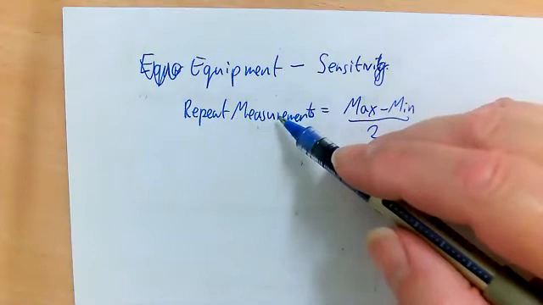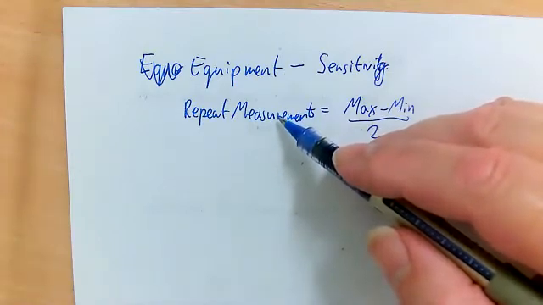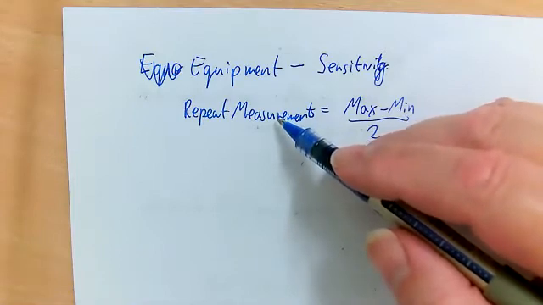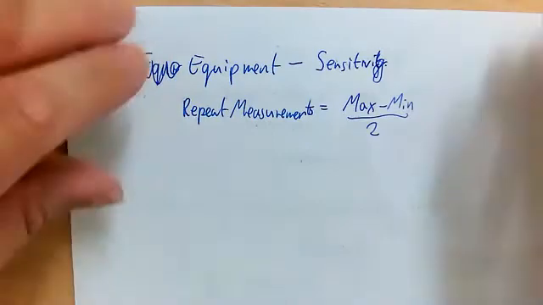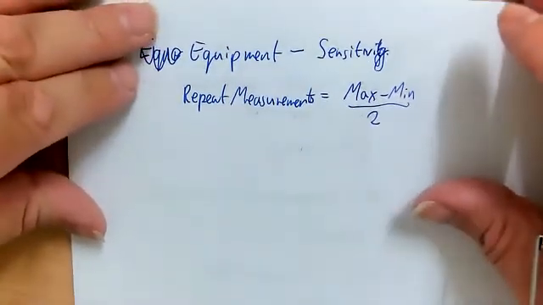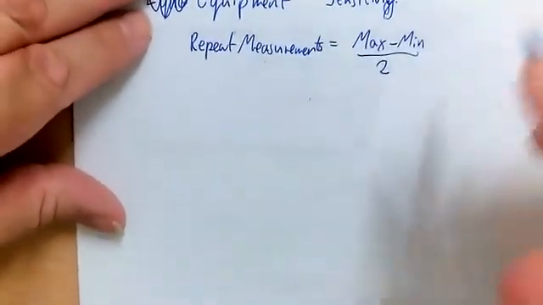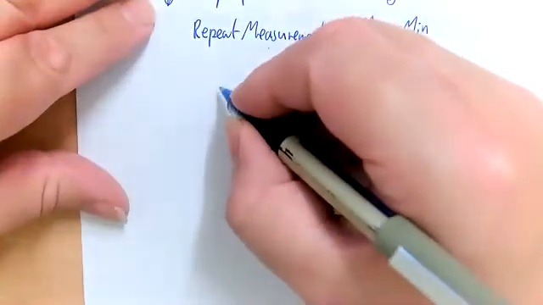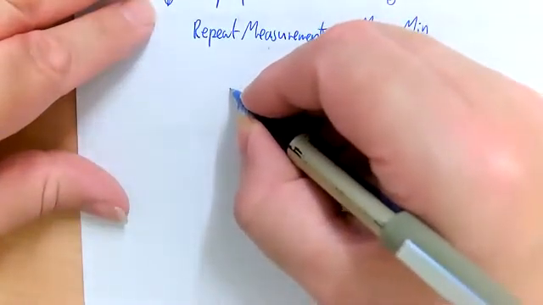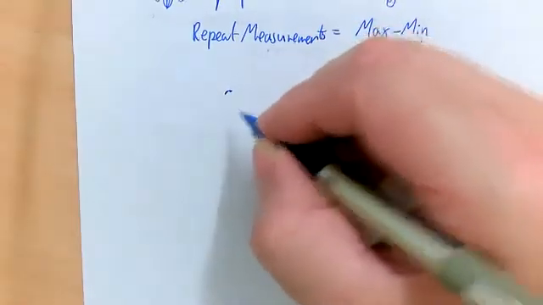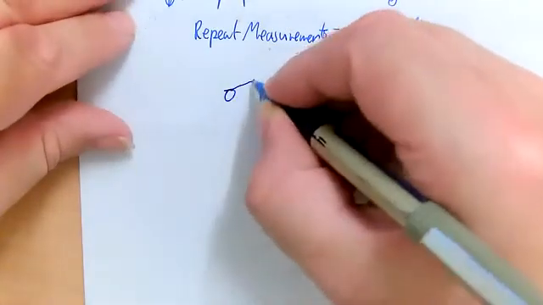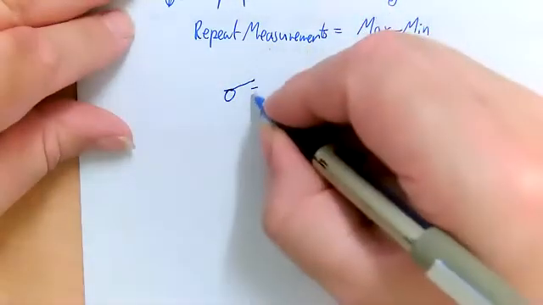This is the uncertainty of repeat measurements. Okay, so that then tells you about the uncertainty of a measured value. You just got to remember that the uncertainty uses a particular symbol called sigma. It's a lowercase sigma.